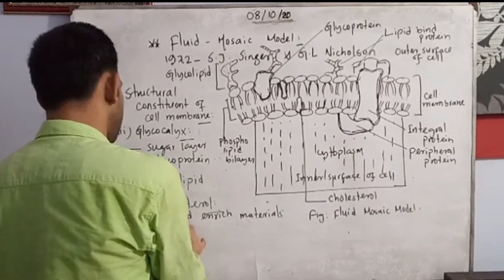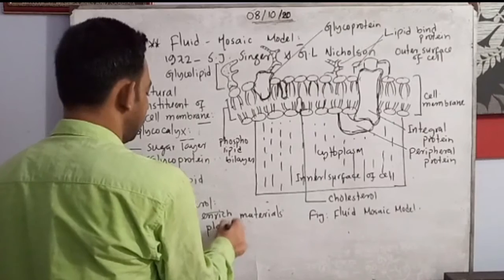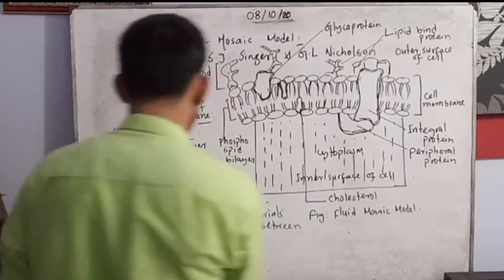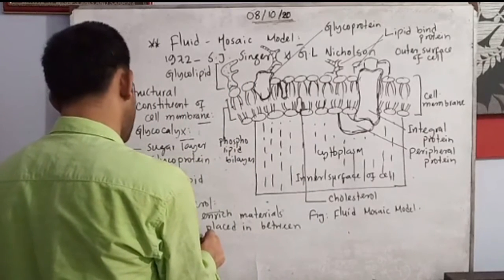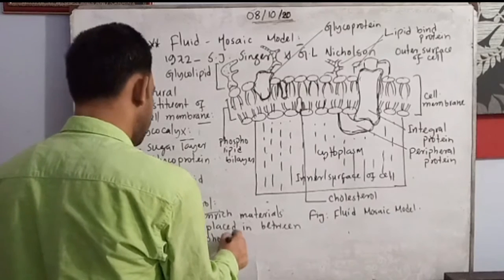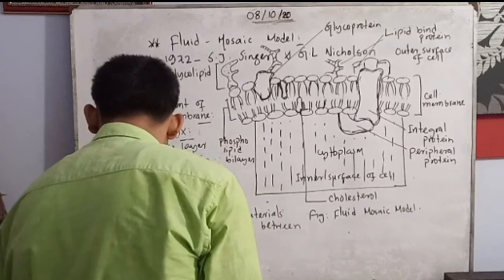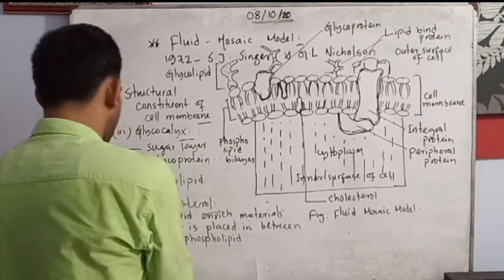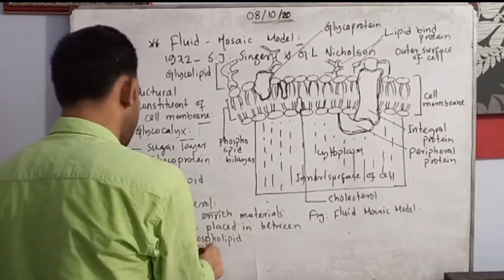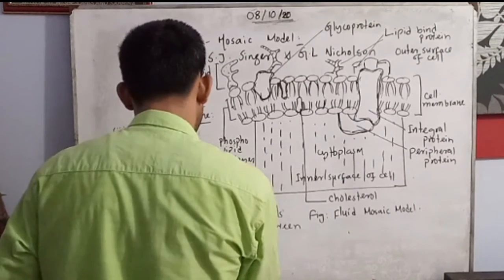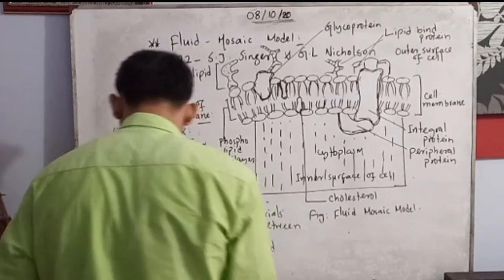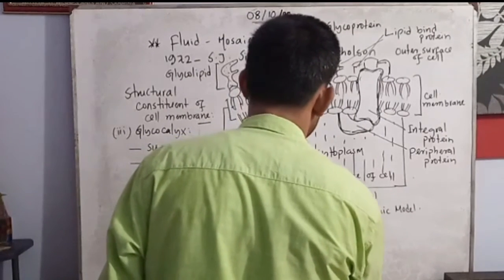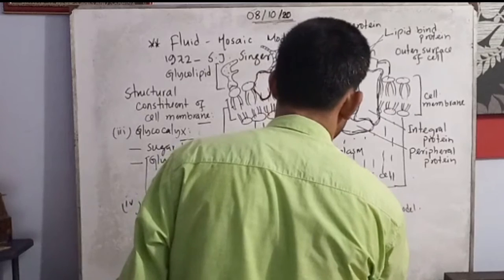It is placed in between the phospholipid bilayer, and it can be changed due to cell surface permeability.